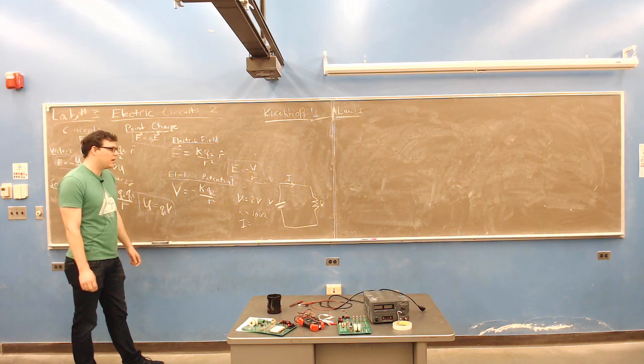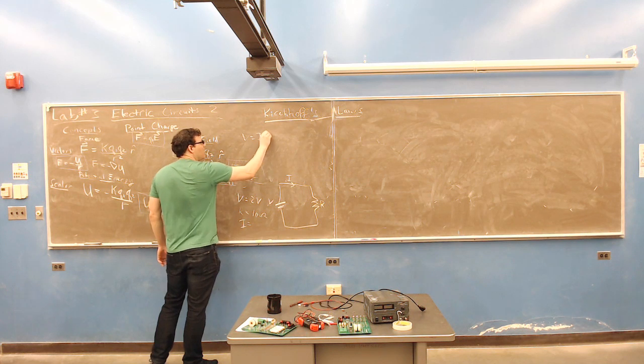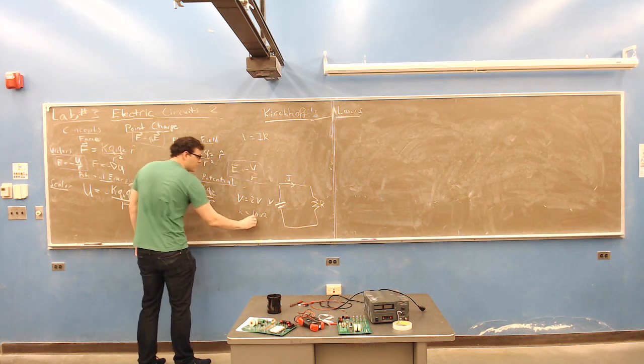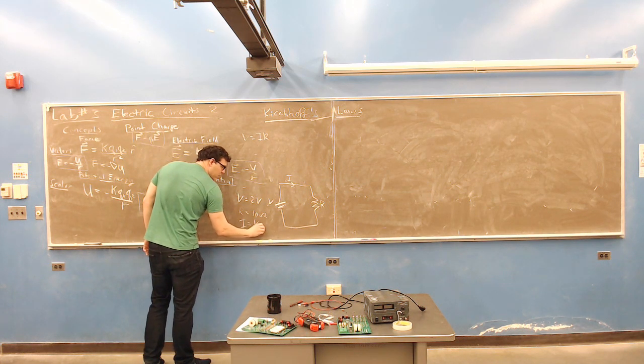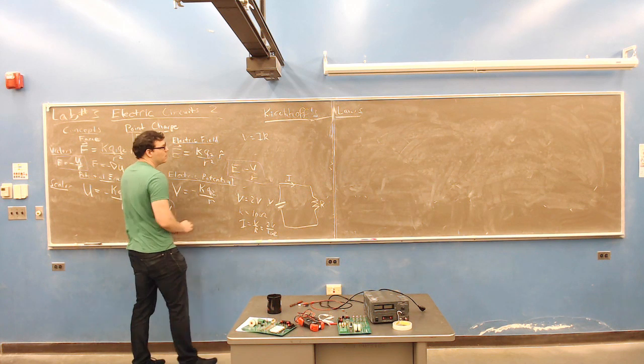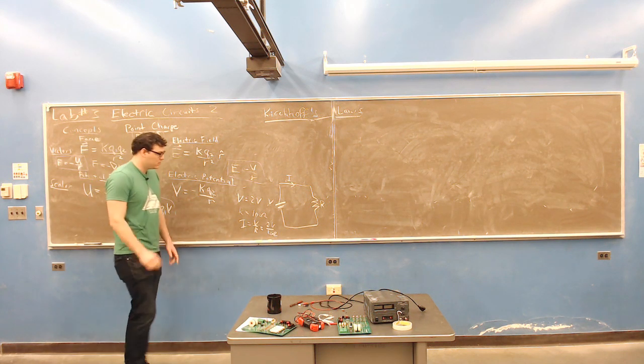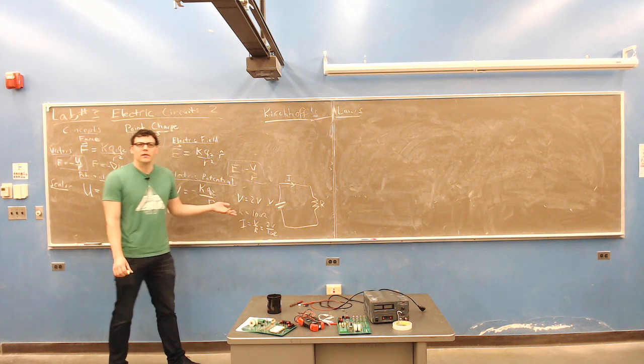V equals IR, right? So if V equals IR, then I should be equal to V over R, which is 2 volts over 10 ohms, which is 1/5 of an amp, yeah?